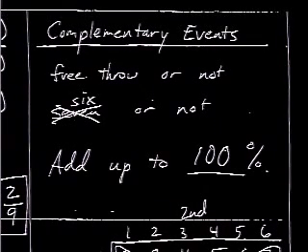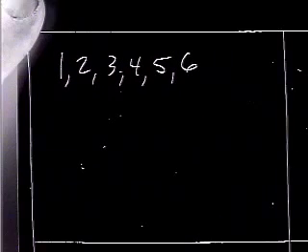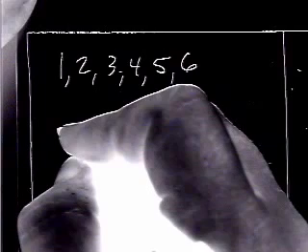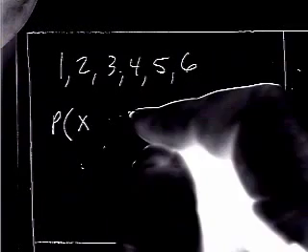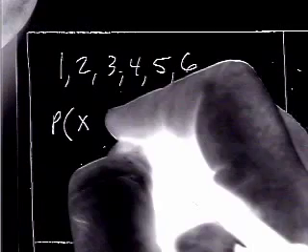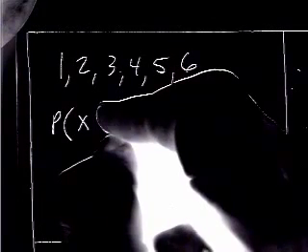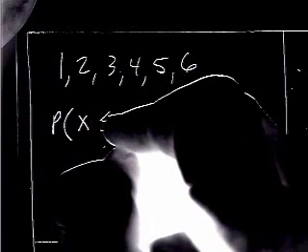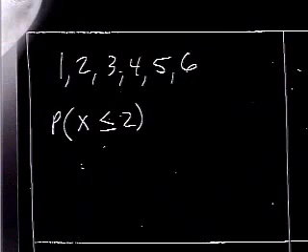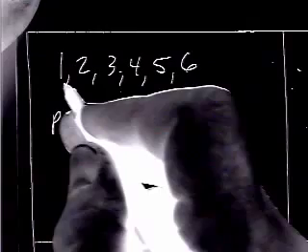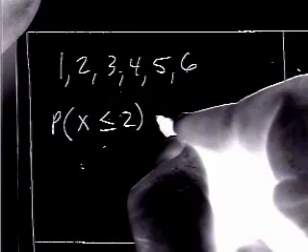here's another situation I should ask you about. Okay, let's suppose that the numbers 1, 2, 3, 4, 5, and 6 are the ones that we're using on a number die. What's the probability that we get a 1 or a 2? Well, I could figure out 1 or 2.